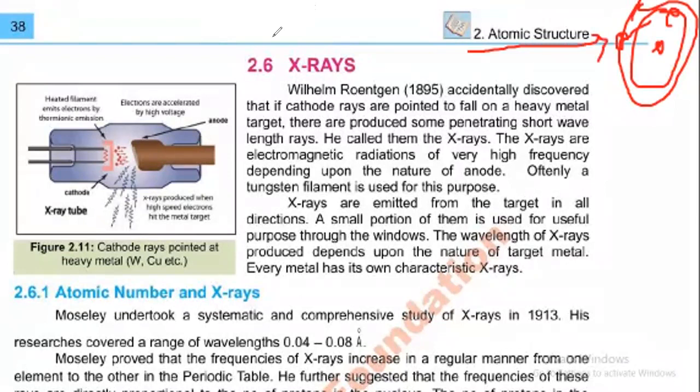Cathode rays strike this and kick this electron away outside of the atom. So definitely there will be a third shell. From the third shell, electrons will be jumping towards this. This could happen even with this electron.